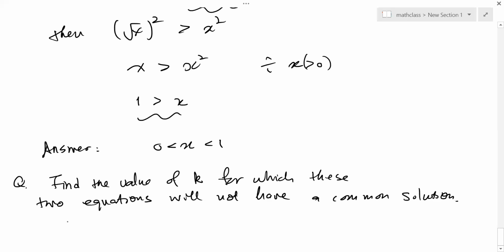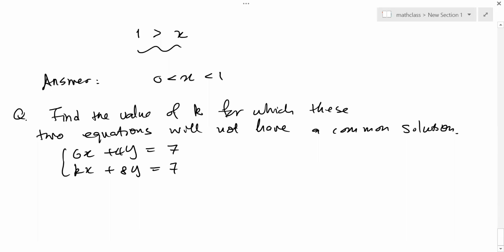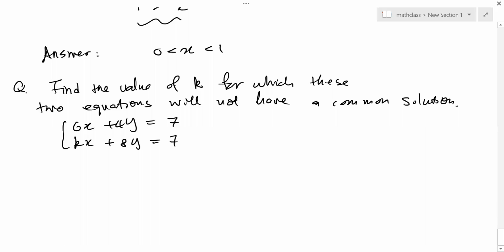So what are the two equations? 6x plus 4y equals 7. kx plus 8y equals 7. Right, please work out this problem.